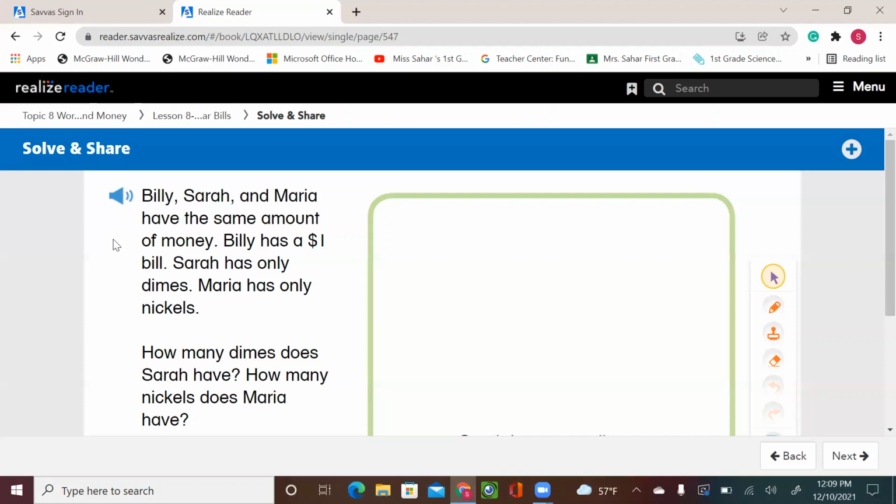Sarah has all dimes and each dime's value is 10 cents. So she has to have an amount of dimes that when I add them, it will give me the value of $1, which is 100 cents. And Maria has all nickels, and the value of a nickel is 5 cents. So we need to find out how many dimes and how many nickels.